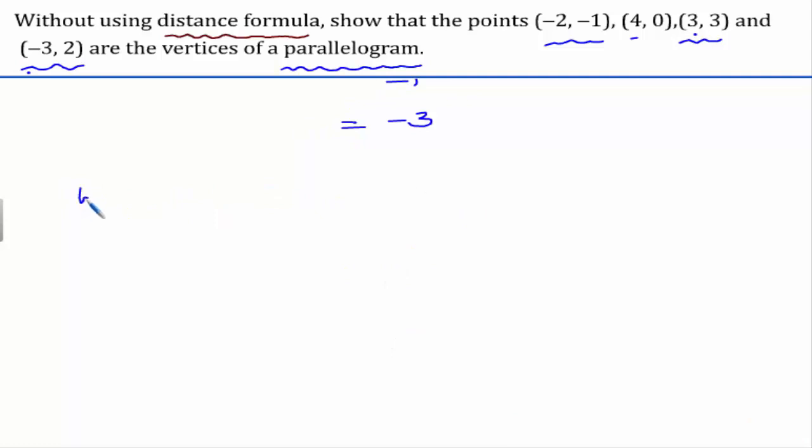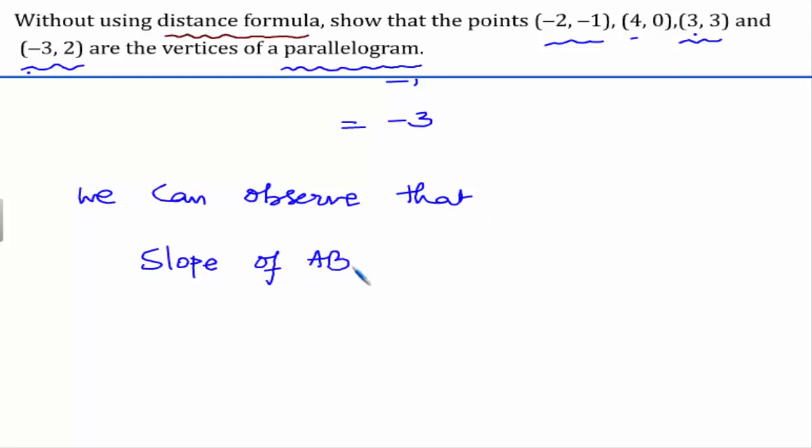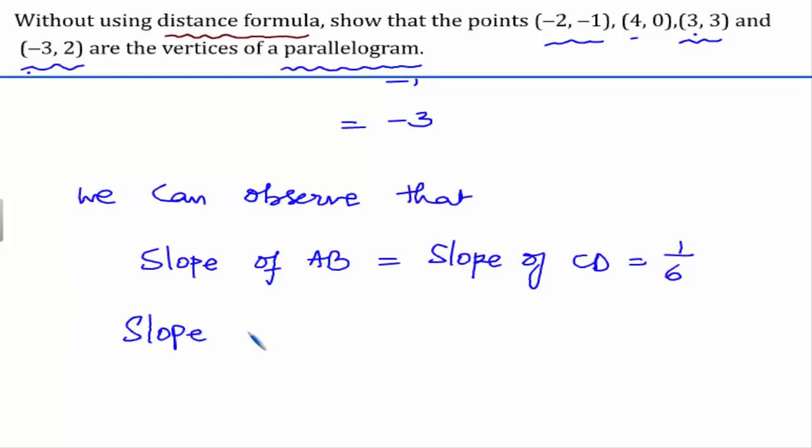Now we can observe that slope of AB and slope of CD both are equal to 1 by 6, and slope of BC, slope of AD both are equal to minus 3.